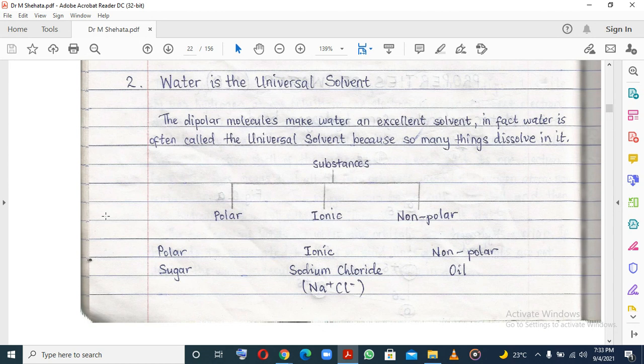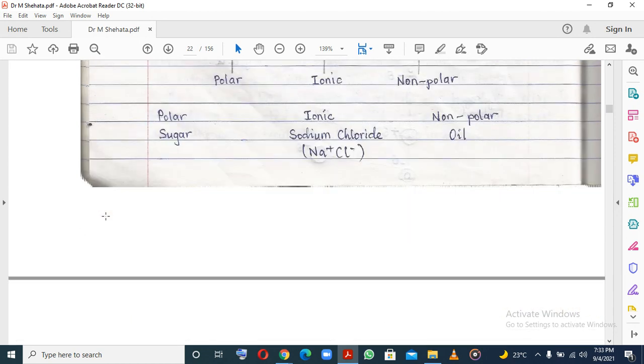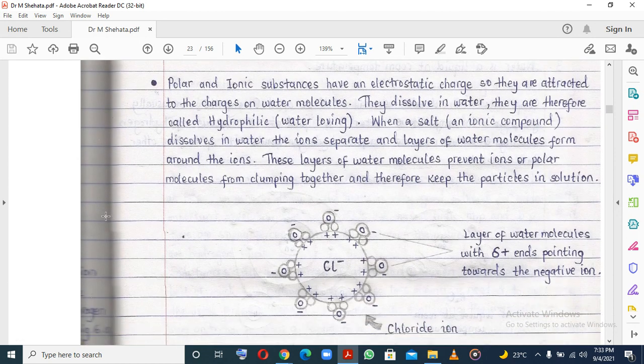Okay, then ionic. This is where I explained how the water molecules are going to arrange themselves around the positive and negative ions. I explained in detail yesterday, but I just wanted you to appreciate. Because the chloride ion is negative, which parts of water are interacting closely with this ion?